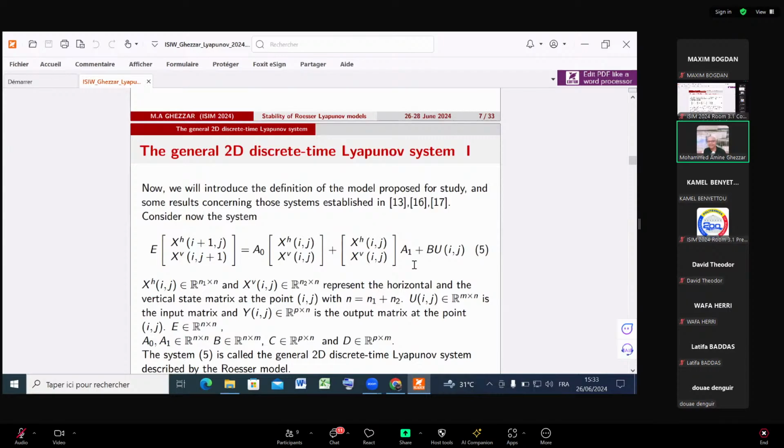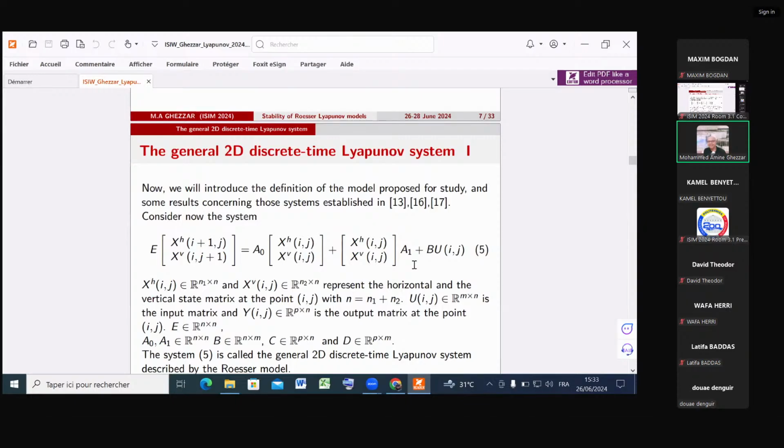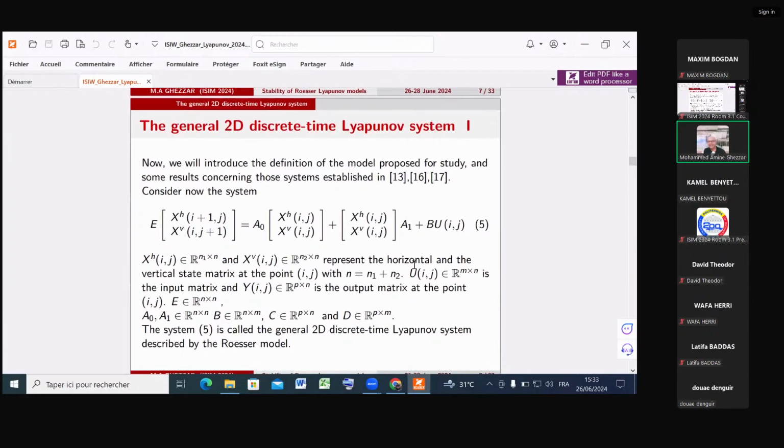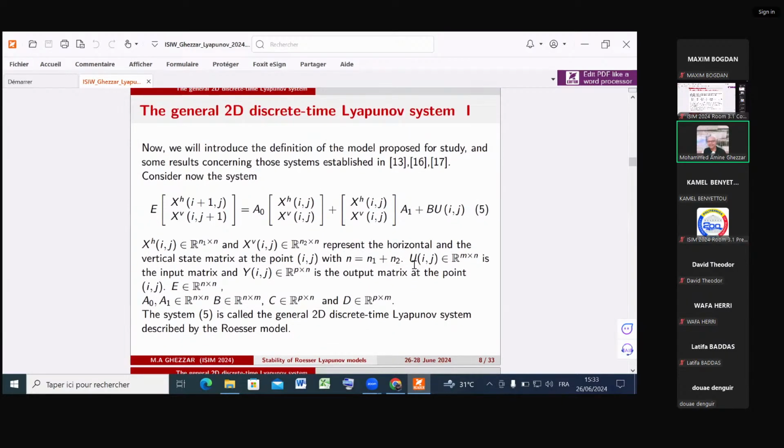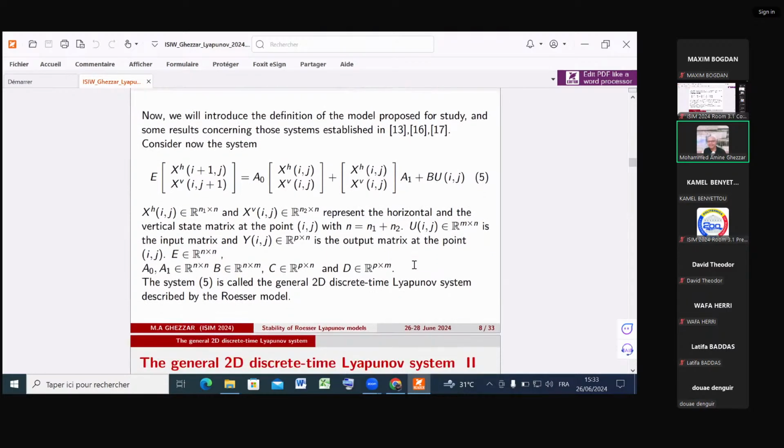When we study the stability test of a Lyapunov system, we have the same formula, and those systems were called Lyapunov systems. Generally, these systems are found in compartmental systems, in electronics and automatics. For those systems, the solution and the positivity test or positivity condition were really difficult to obtain.